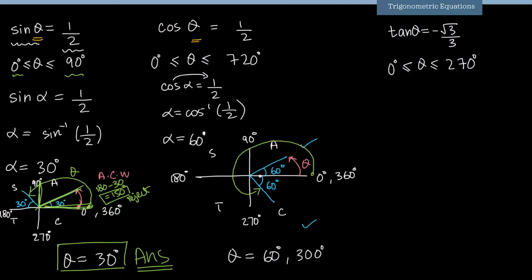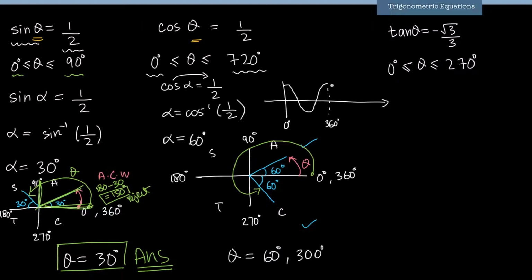Now I measured these two angles from 0 degrees all the way up to 360 degrees. But I need to measure my angles from 0 degrees up to 720 degrees. If I visualize this on the graph, this means this is my cosine function, which looks like this, and I've drawn this from 0 degrees up to 360 degrees.